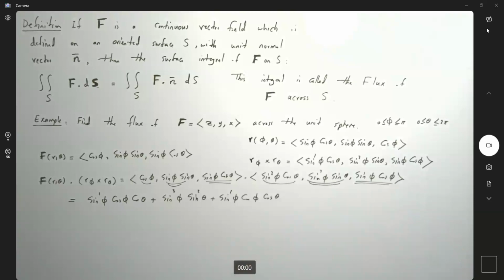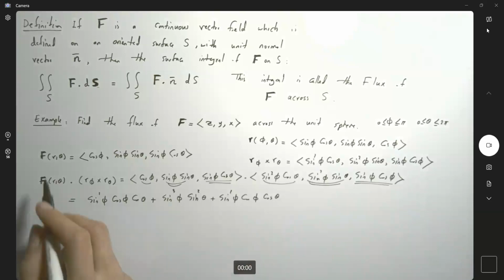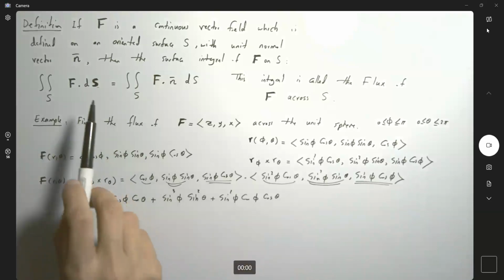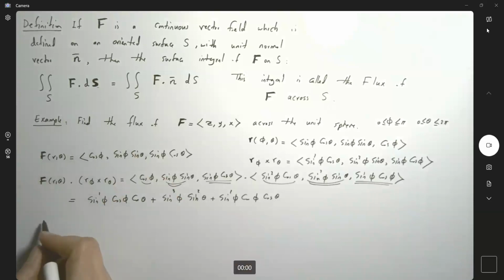Very good. Can we simplify this? Well, we can, but let's just put that into the formula.